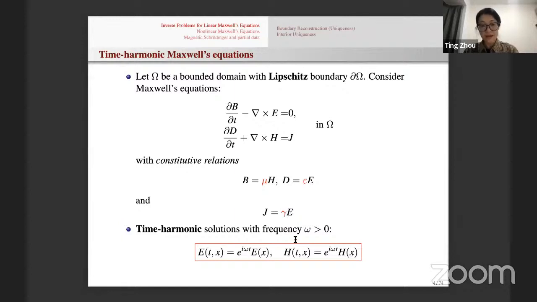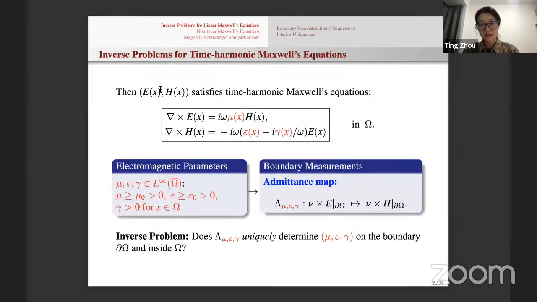Okay. So time harmonic solutions for these time-dependent equations take this kind of ansatz. You have this separation of variables, e to the i omega t, where omega will be the angular frequency. So plugging this back into the Maxwell's equations and only considering those equations for E and H depending on the x variable, then we'll get the time harmonic Maxwell's equations.